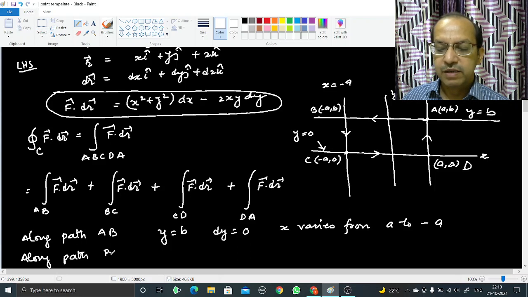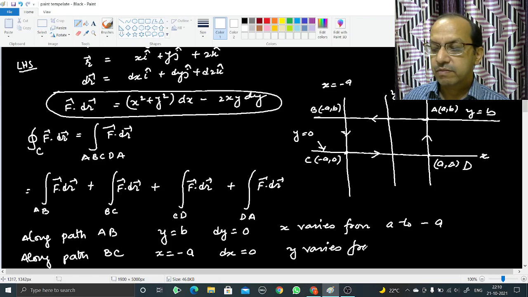Along path BC, it is parallel to the y-axis. That means x will be constant, so x equal to minus a, dx equal to 0, and y varies from b to 0.